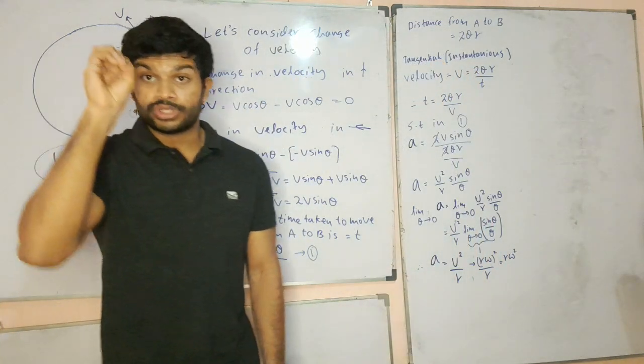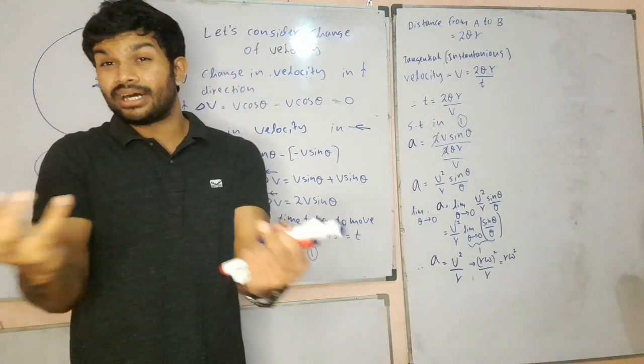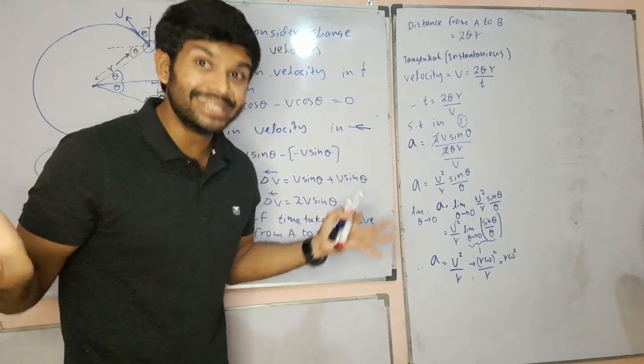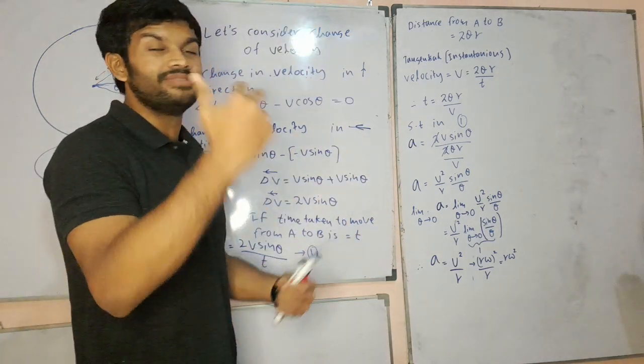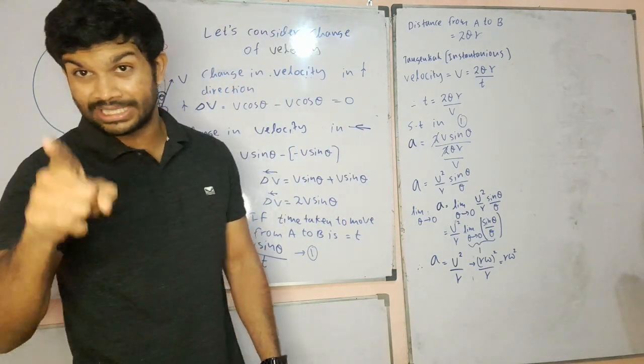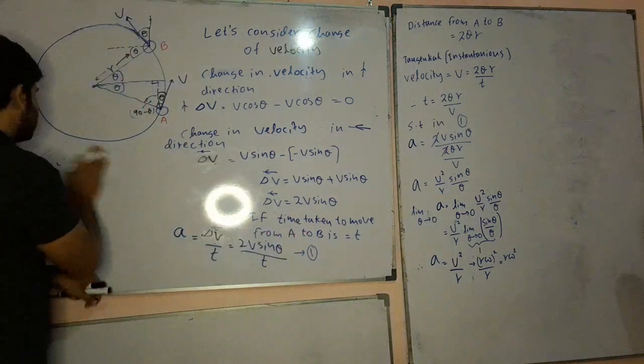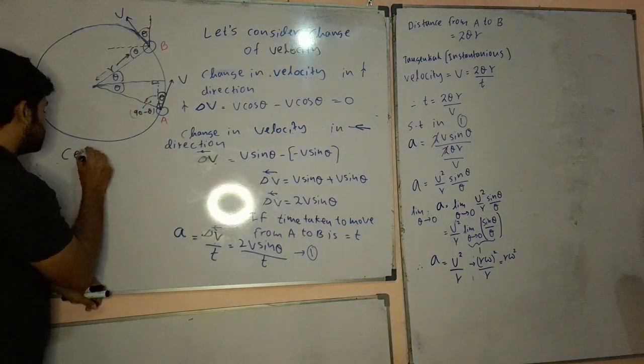This is it, guys. So this acceleration is called, and we have heard this name before, all physicists must have heard it, centripetal acceleration, right? The word is centripetal acceleration.